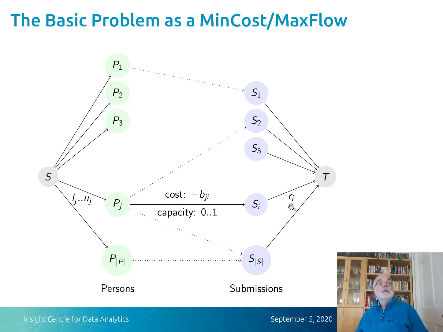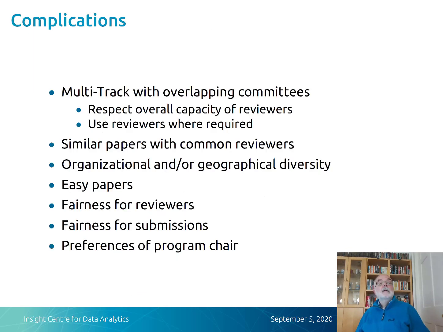So this basic problem can be solved with the min-cost max flow and is therefore polynomial, but if we add more complicated constraints, this is no longer true.